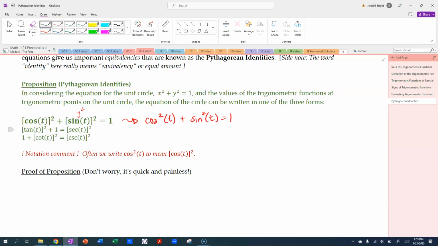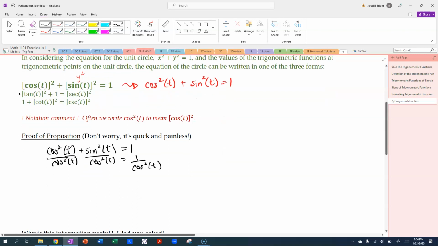Okay, to get this second one, we have to divide the first equation by cosine. So I take cosine squared of t, I'm using this notation, plus sine squared of t is equal to 1. And then since it's an equation, I have two sides, right? I can do something on one side, do the exact same thing to the other. So I'm going to divide each term by cosine squared of t.